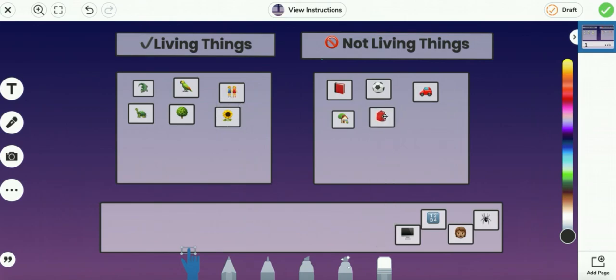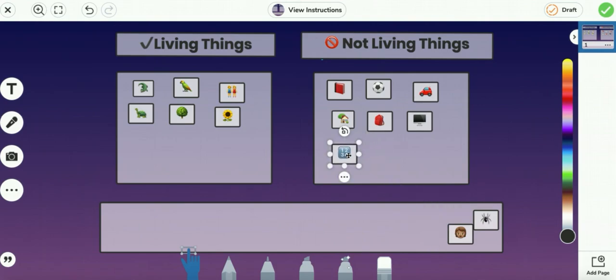Non-living. A computer? Non-living. Some numbers? Non-living things. A person? Living. And the last one, a spider. Where does it go? Living.